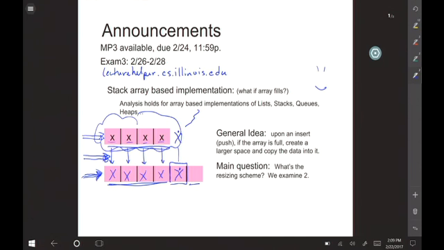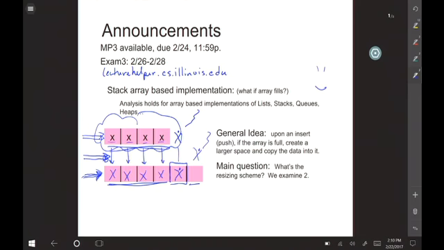That means the next piece of data that comes along does not trigger any copying. I get to insert it basically for free, or basically for the amount of time that it would have taken anyway, okay?